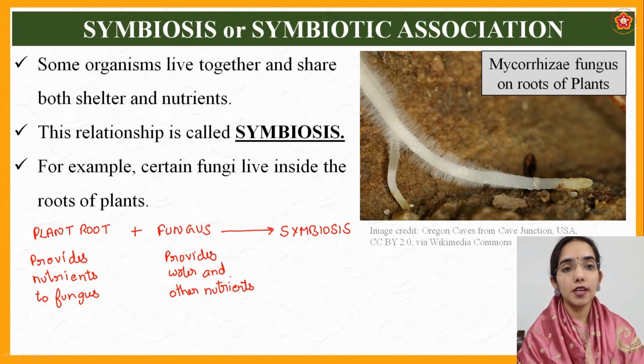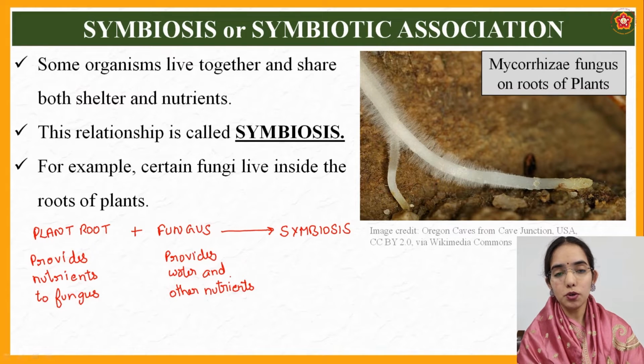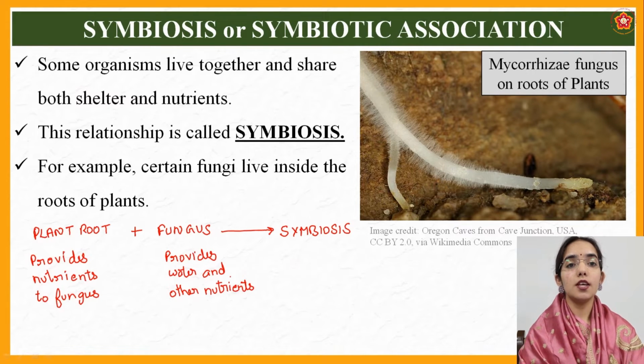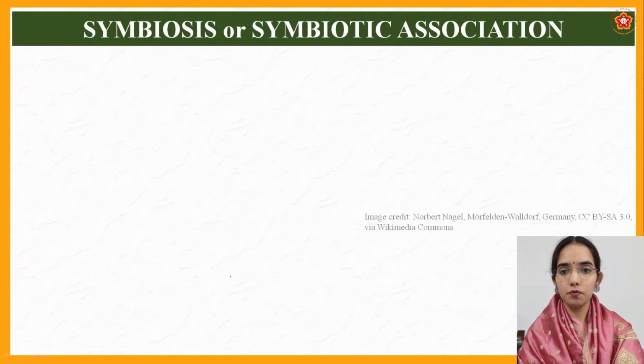And if the surface area of the root has increased, it will be able to absorb more water and other nutrients from the soil. So over here, the plant root and fungus are living in a symbiotic association, or in symbiosis. Let's see more.